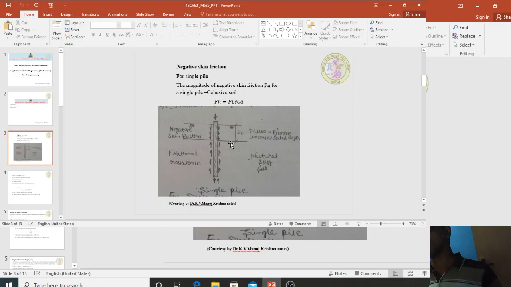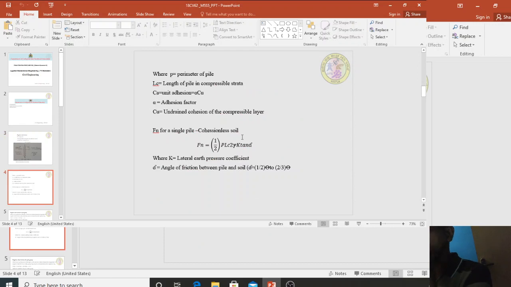Therefore, the magnitude of negative skin friction Fn for a single pile in cohesive soil is to be calculated using the formula Fn = P × Lc × Ca, where P is the perimeter, Lc is the length of the pile in the compressible stratum, and Ca is the unit adhesion, equal to alpha × Cu.